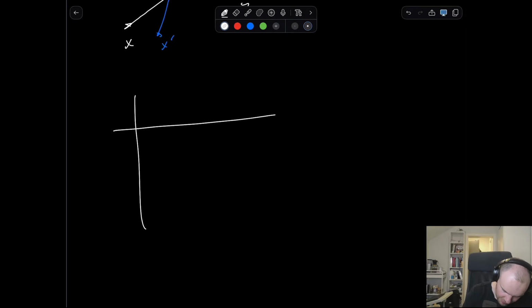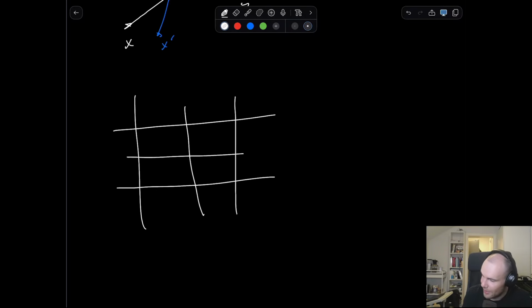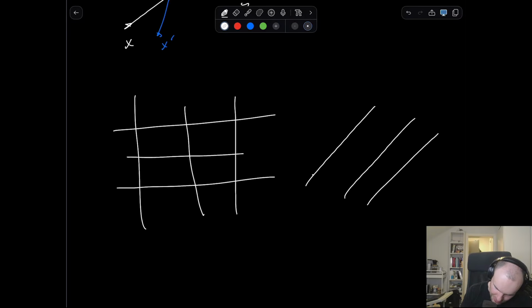Or your lines are like this because we are just in the standard basis. But let's say you had some kind of skewness, which means that, let's say maybe you double the y or double the x, then your coordinate system may look more like this.